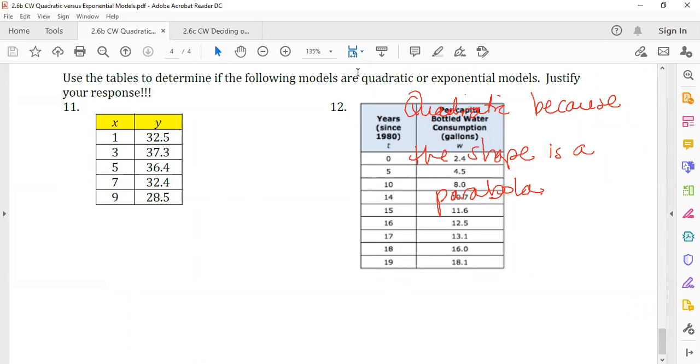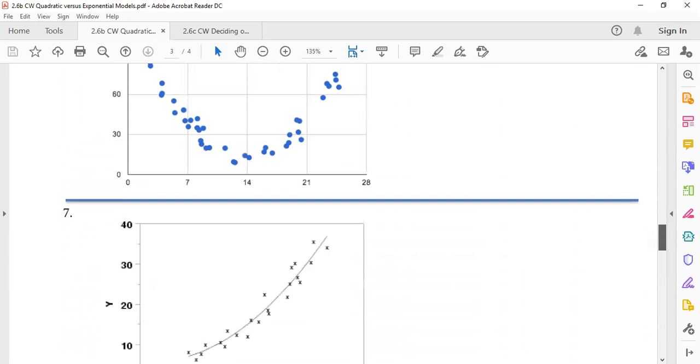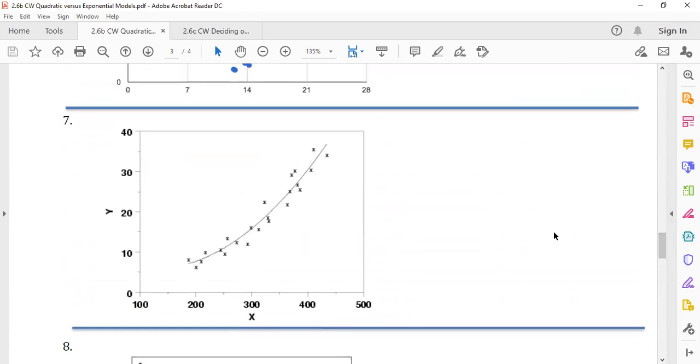So you could try the ratio or the second difference, but honestly, if you just look at the values and how they're increasing or decreasing, it might tell you if you have a sharp increase or decrease. That would make it exponential. If you have a gradual increase or decrease, then that would make it quadratic, right? So 7 through 12, I'm going to allow you guys to work on this on your own.